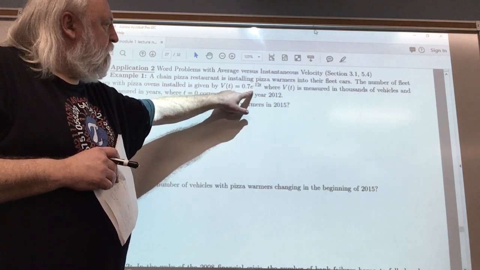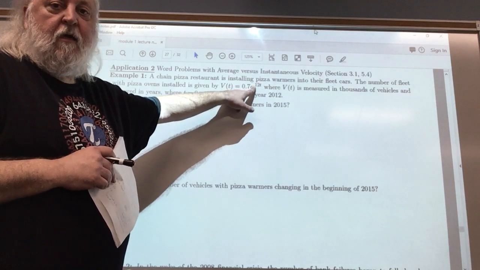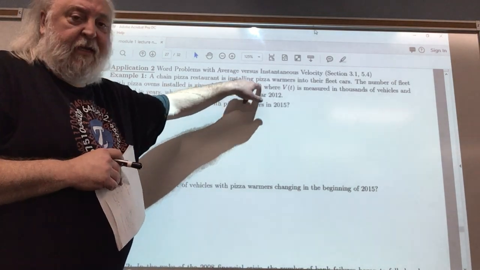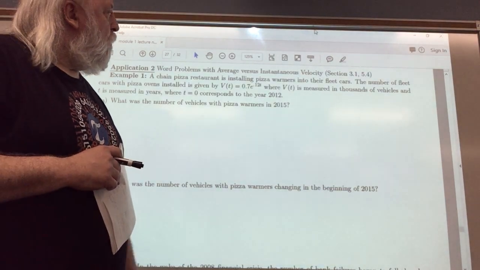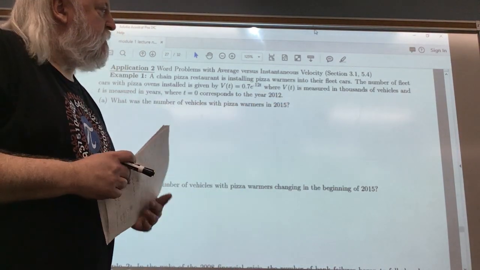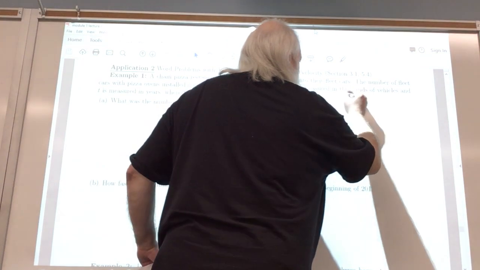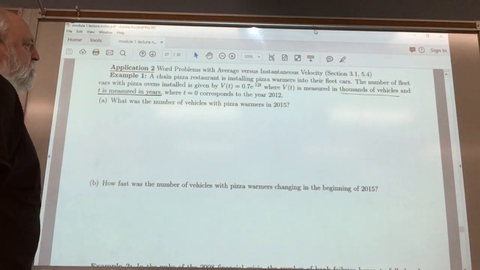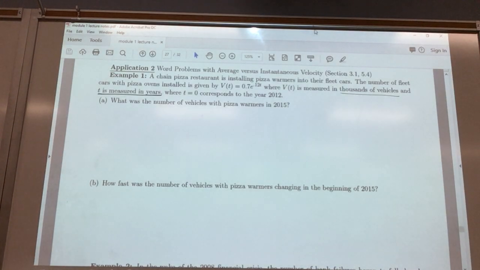I wish there was a 0 in front of the decimal. This is an exponential function, where v of t is measured in thousands of vehicles, and t is measured in years. And t equals 0 corresponds to the year 2012.